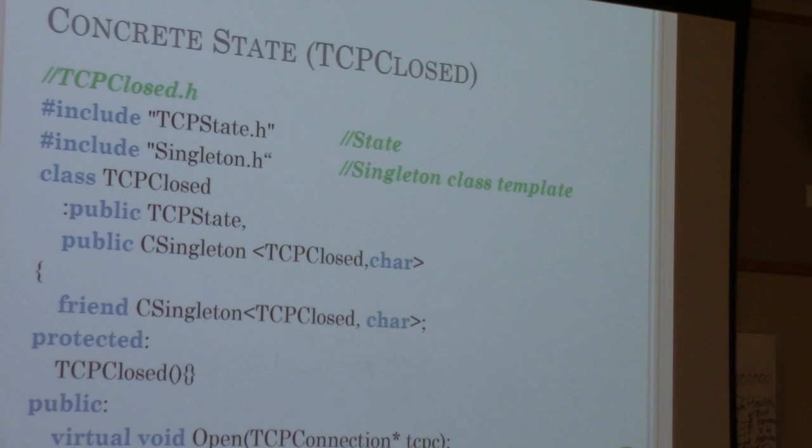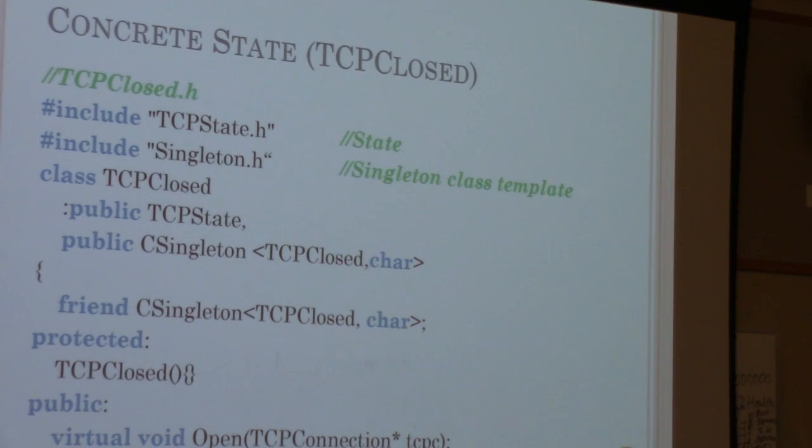So it uses that to change the state. Okay? So the TCP closed tells TCP connection to change the state to TCP listen. So it calls the method and says TCP open.